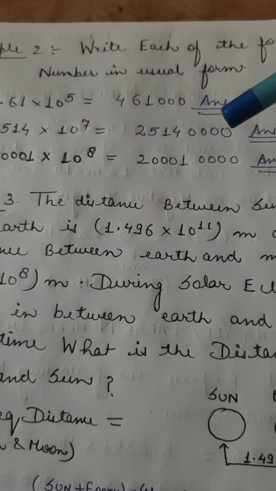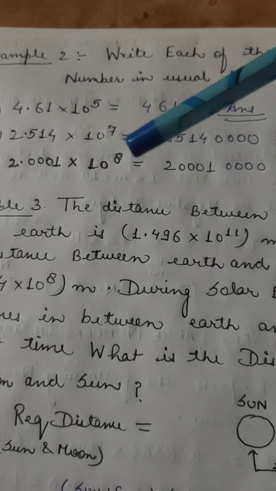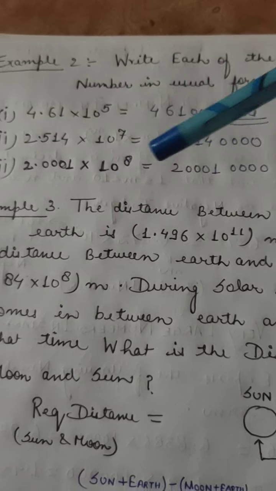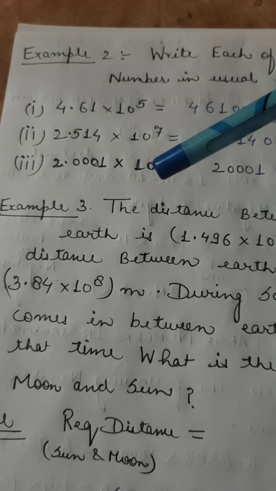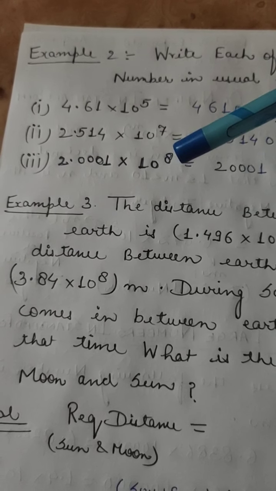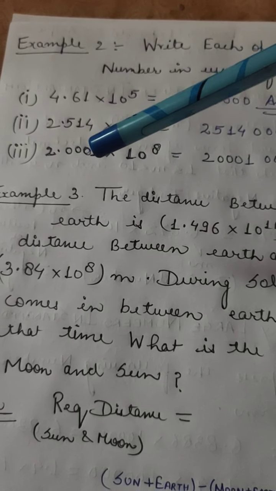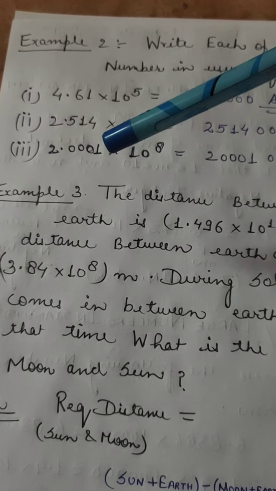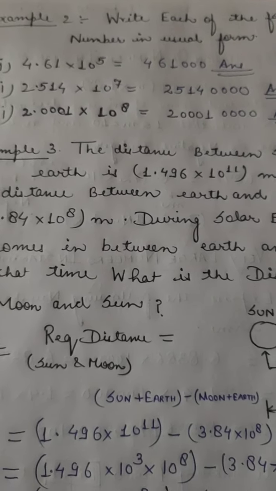This is the required representation in usual form. Similarly, see 2.0001 times 10 to the power 8. How many places do we move to the right? 8 places. 4 places till here, and then we put 4 more zeros. This is the required answer.